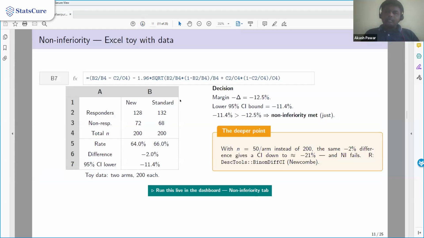So here we come to how we calculate this non-inferiority with an example. In the same way, we have an Excel file, like the first Excel file we have seen, where everybody was responded and non-responded. Similarly, you have the new arm with 120 responded and 72 non-responded out of a total of 200 patients.